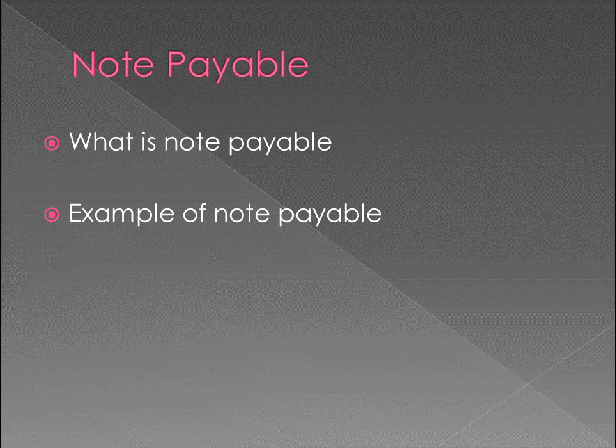Next, I want to talk about what a note payable is. A note payable is a liability where one party makes an unconditional written promise to pay a specific sum of money to another.